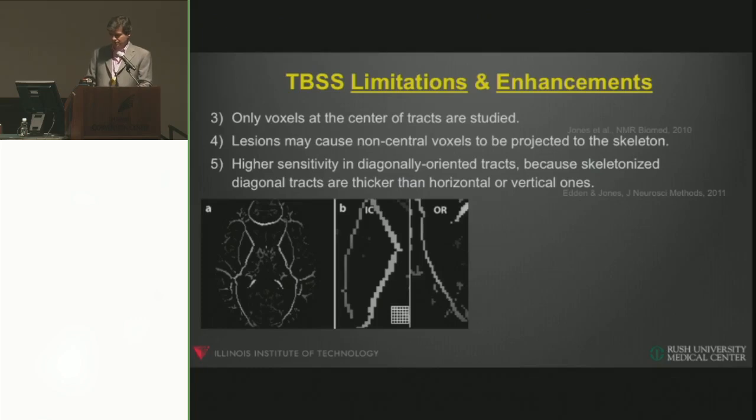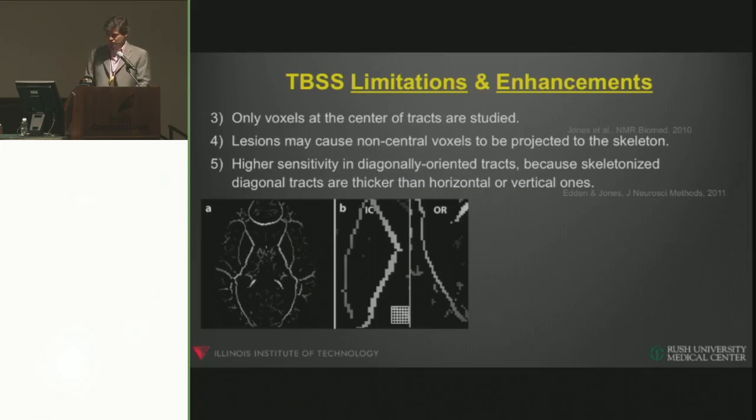Another interesting limitation is the fact that TBSS has higher sensitivity in diagonally oriented tracts compared to horizontal or vertical ones. Diagonally oriented tracts are, for example, the tracts in the internal capsule, and you see how the internal capsule is thicker than the external capsule and optic radiations.